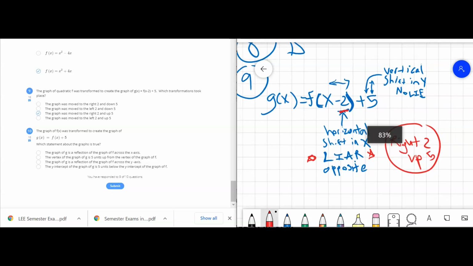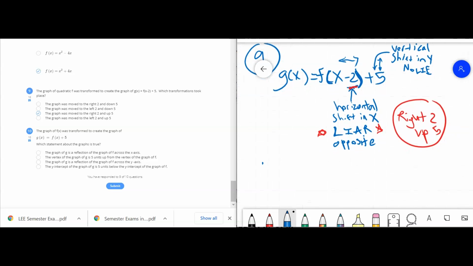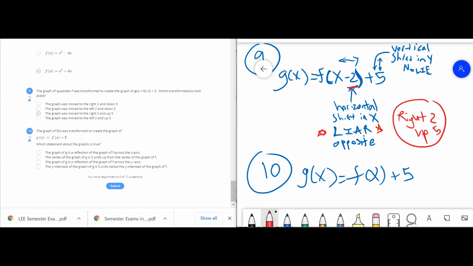All right. And then last one, number 10. Now, this +5 is not an insider, right? It's not inside the parentheses. This is vertical change.